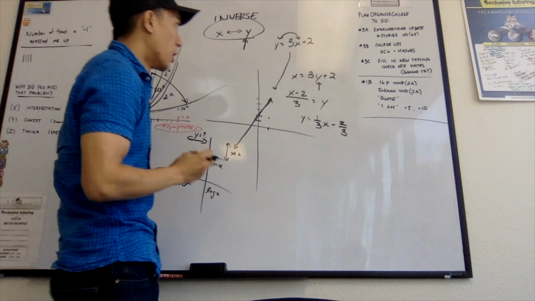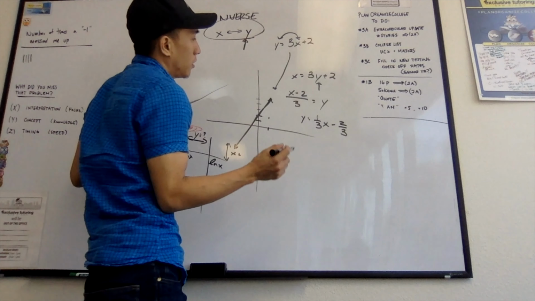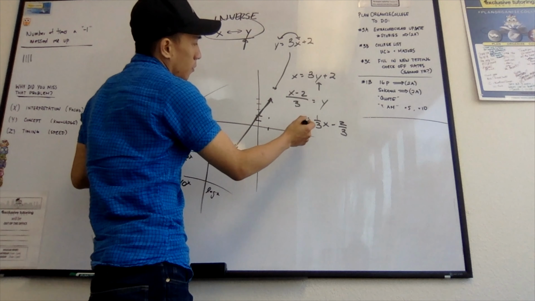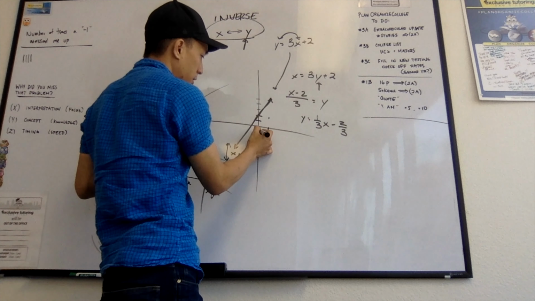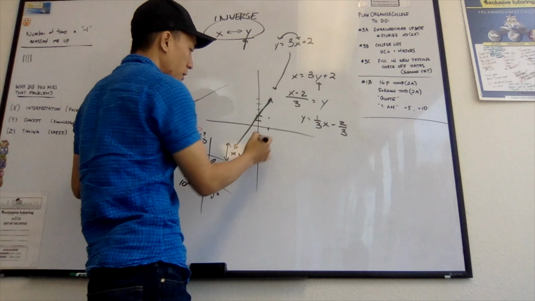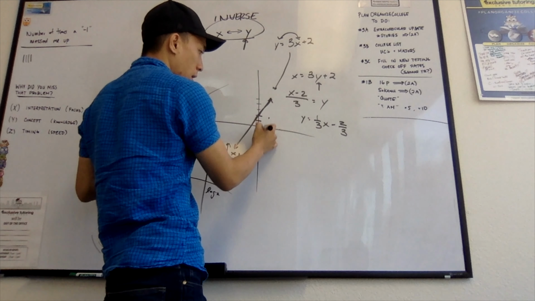Okay? Now what you'll notice here, did I do this right? My 1/3 x at the negative 2/3, so it's somewhere around here, right? I go up 1 and over 3.